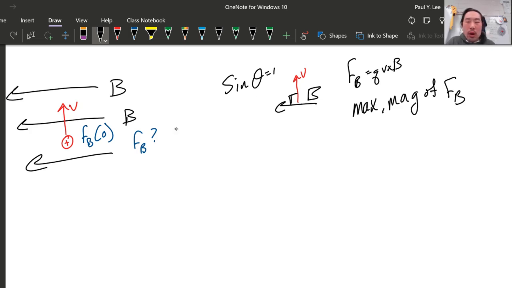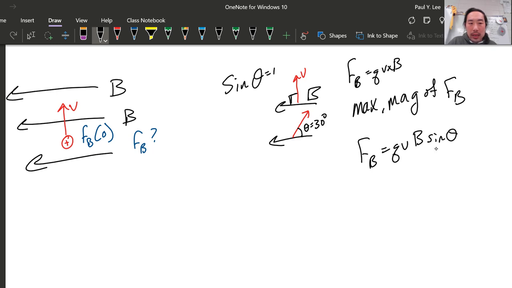Okay, but what if this charge isn't moving at a perpendicular direction, but rather, so if this is like flat, what if it is off at an angle? Okay, so let's say this here is an angle of 30 degrees. So if it's off at an angle, the formula still applies, but now you have to put sine of 30 in there, which gives you a half.